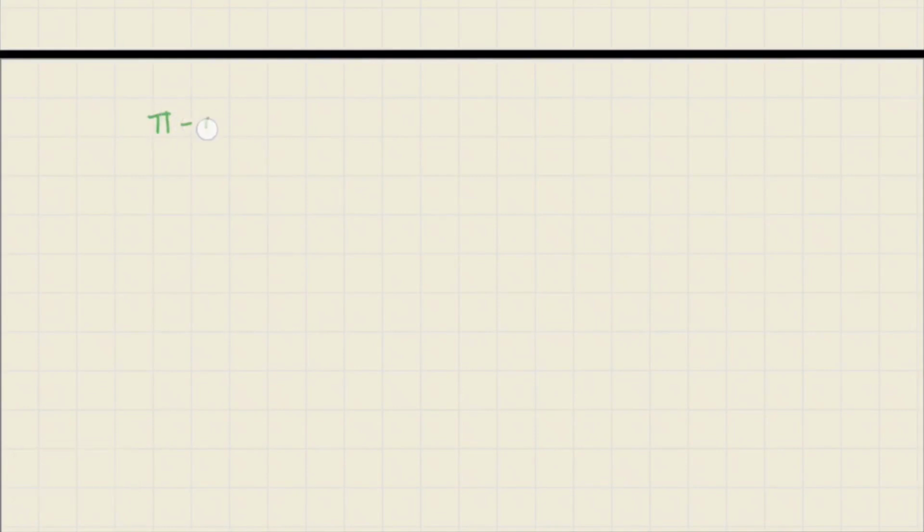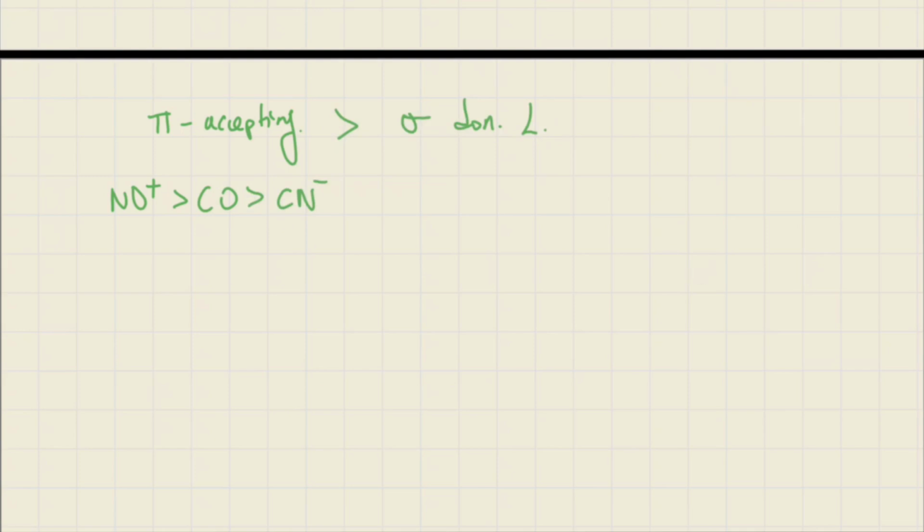So if you consider the spectrochemical series, we firstly have pi accepting ligands, and these ligands are generally strong field ligands. We can consider them as NO plus, CO, and CN minus. Then we have sigma donating ligands, which are, for instance, NH3 and PH3, and I will talk about these two in a minute.